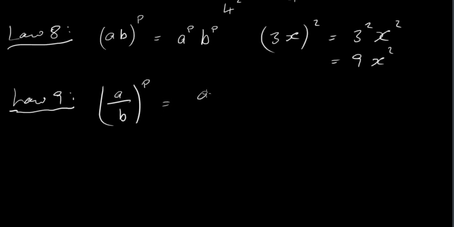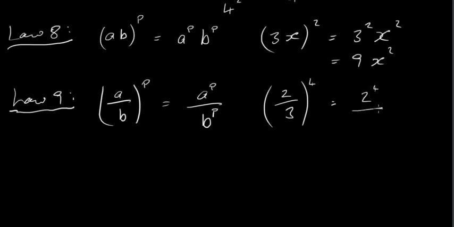So it's a to the power of p divided by b to the power of p. So for example, if you had a fraction, let's say 2/3, and you want to raise that fraction to the power of, let's say, 4. That's just simply 2 to the power of 4 divided by 3 to the power of 4. So you can work that out, and you get your fraction.